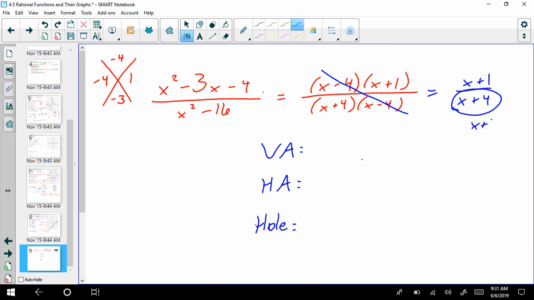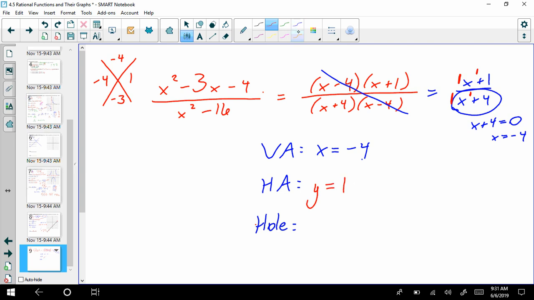If I set that equal to 0 and solved, there is a vertical asymptote at x equals -4. Horizontal asymptote. If I look at my simplified form, the highest exponent was 1, the highest exponent was 1. So if I look at the numbers out front, a over b, I have a horizontal asymptote at y equals 1.